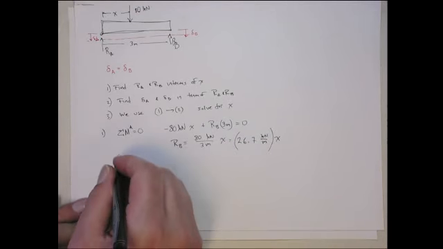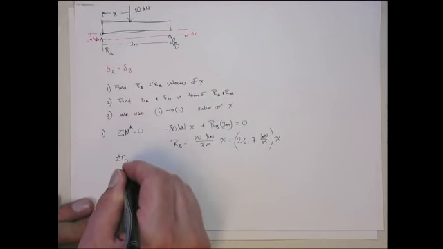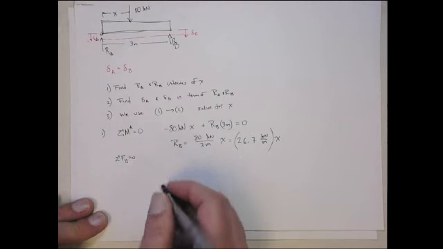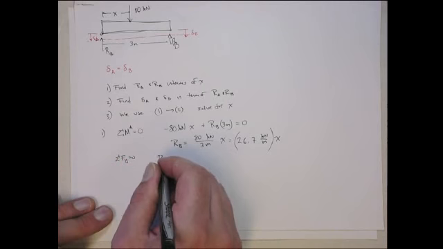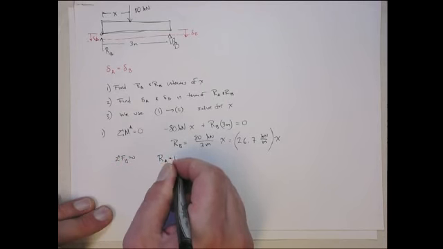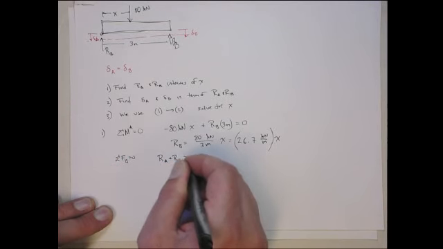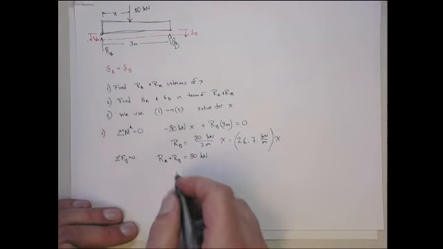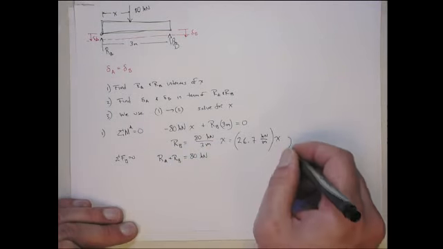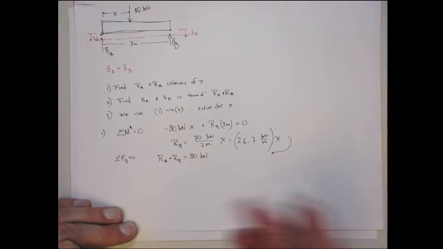Now we can do sum of forces in the y direction equal to 0, and that gives me RA plus RB equals 80 kilonewtons. And I can use this equation to explicitly solve for RA.